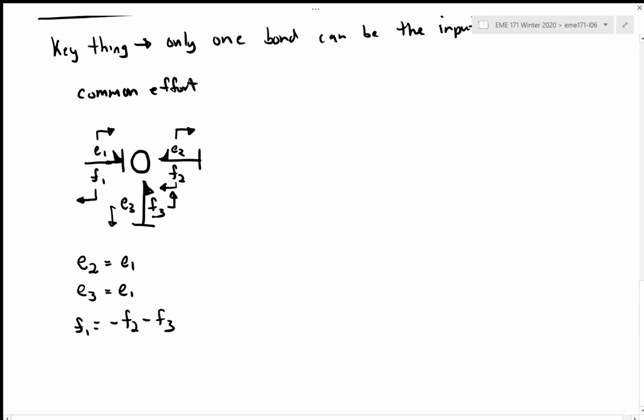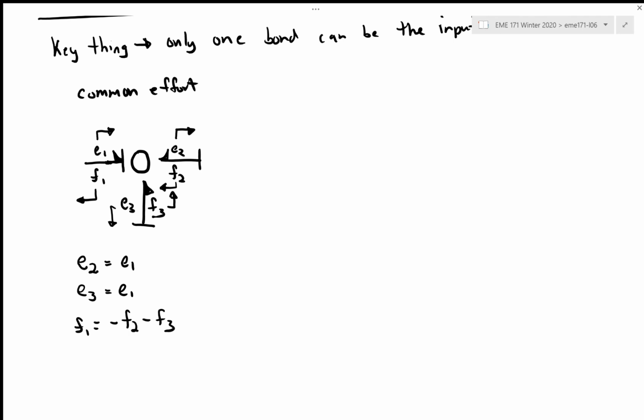We know that all of the arrows are pointing in. So if I wrote them all on the left-hand side of the equation, they would all have the same sign, F1 plus F2 plus F3. And then if I rewrite it so that my inputs are on the right-hand side, I will get these two negative values that match for the half arrows. The signs of that summation are tied to the half arrows.